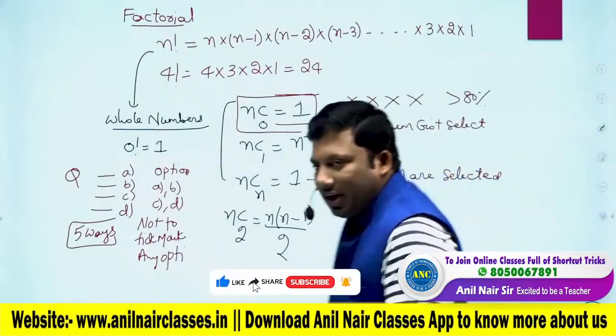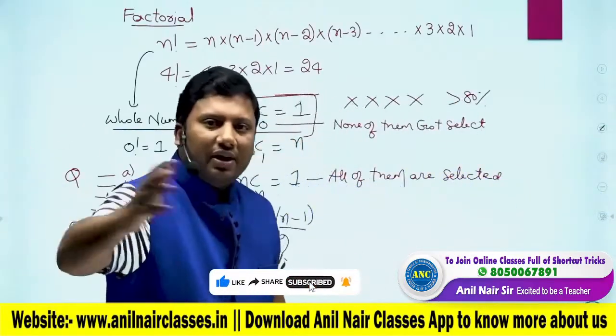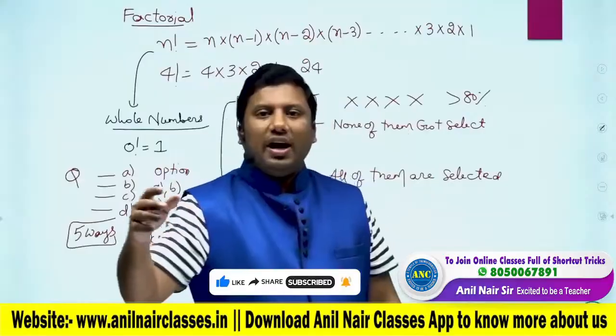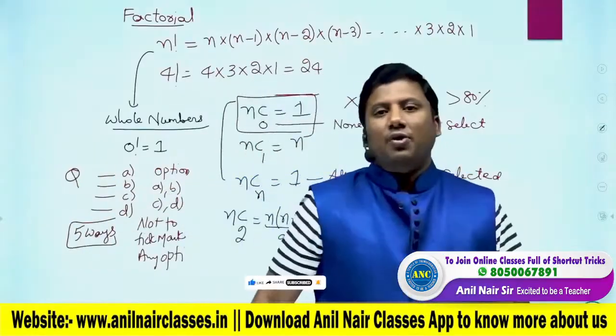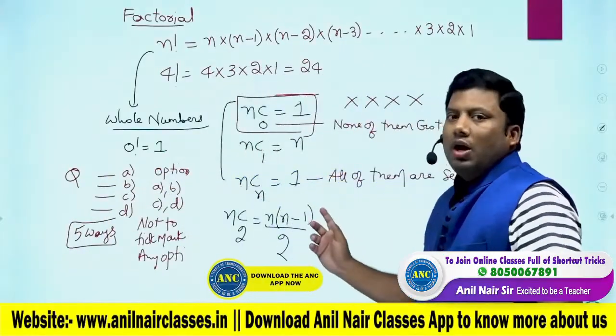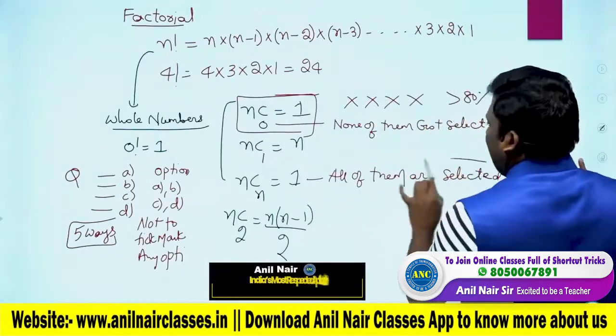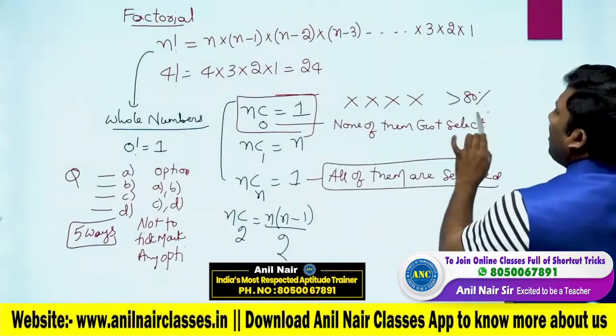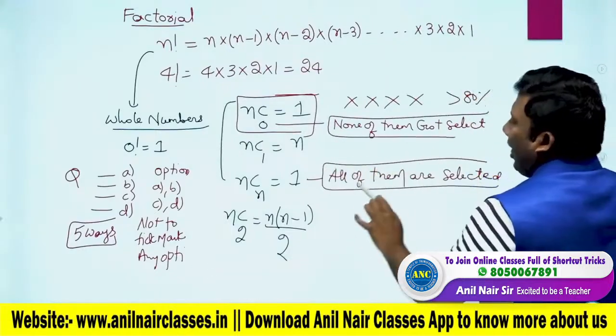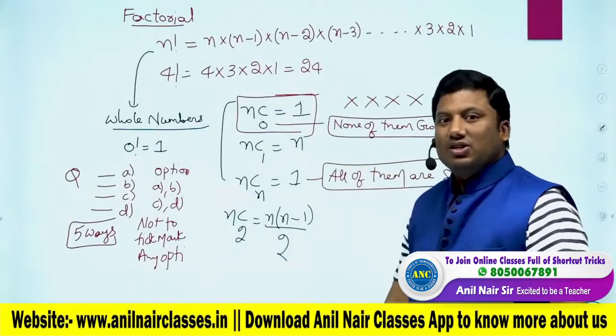I entered into the class and said to each and every one, there is no class today, which generally I will not say. Come, let's play outside and let's play in the ground. So all of them are selected, it is 1 way. None of them are selected, it is 1 way. And all of them are selected, it is also 1 way.